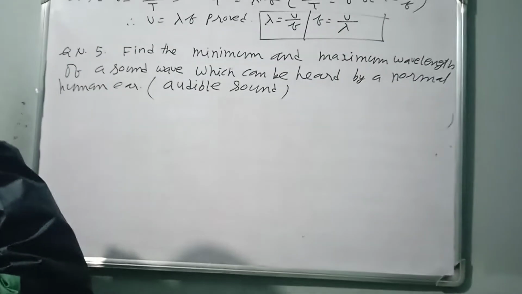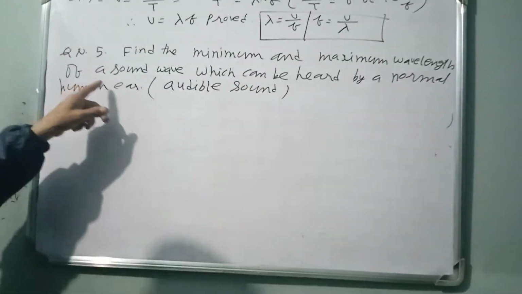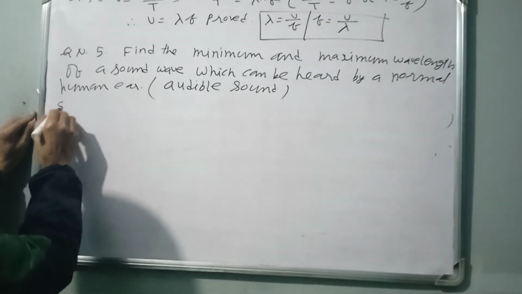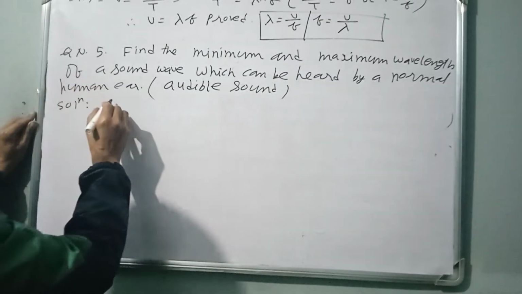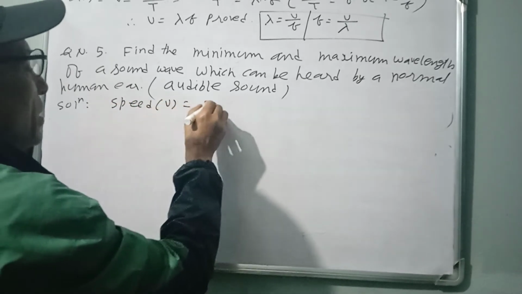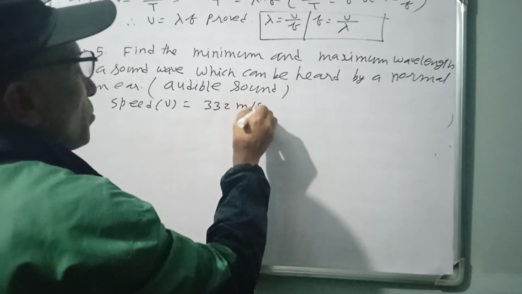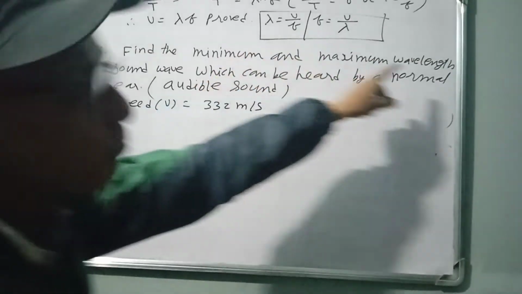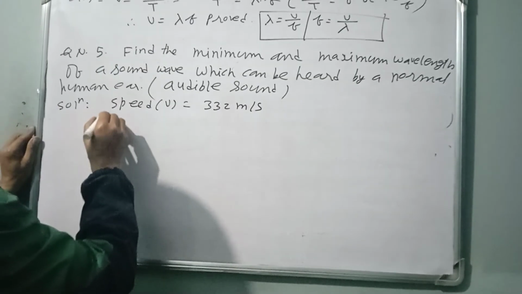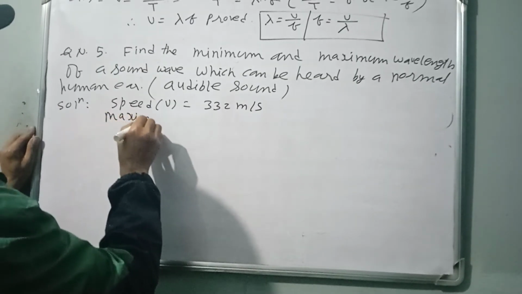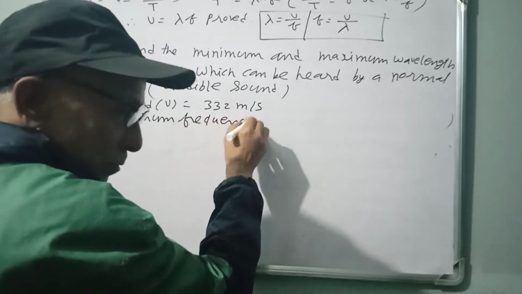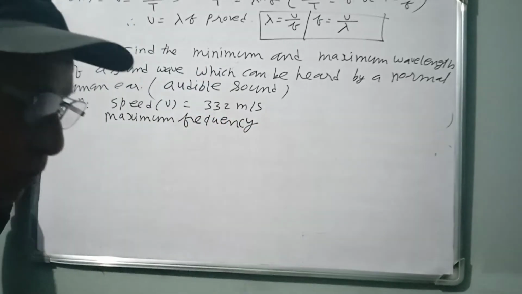Solution: to find the minimum wavelength and maximum wavelength. First of all, V, speed of sound, is always constant, say 332 meter per second. To find minimum wavelength, you have to take maximum frequency. What is the maximum frequency?